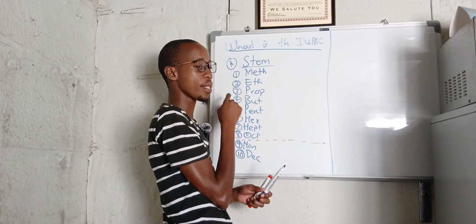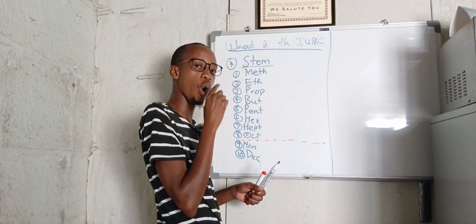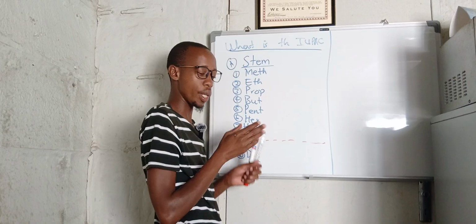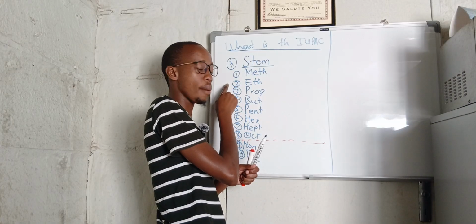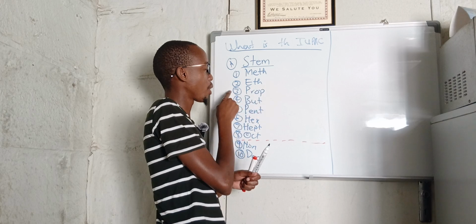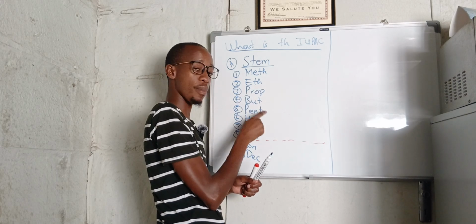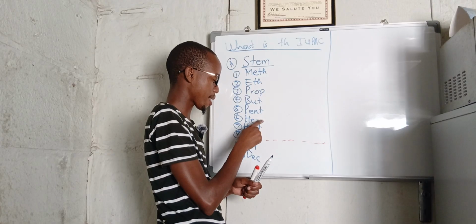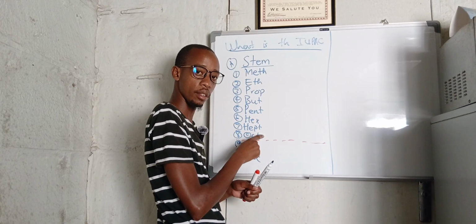This simply means that a carbon chain that has one carbon is called meth. So it starts with the name meth. And then if it has 2 carbons, eth, 3 carbons, prop, 4 carbons, but, 5 carbons, pent, 6 carbons, hex, 7 carbons, hept, 8 carbons, oct.